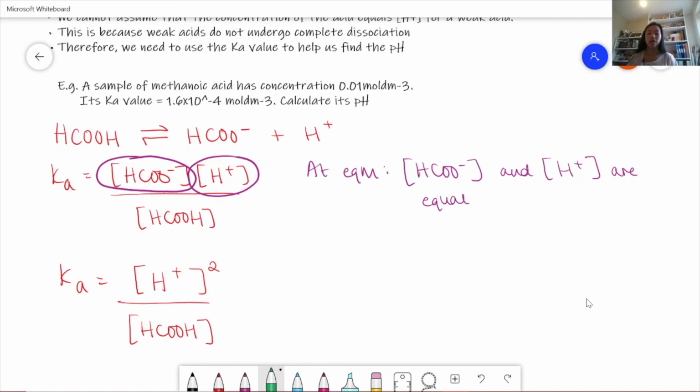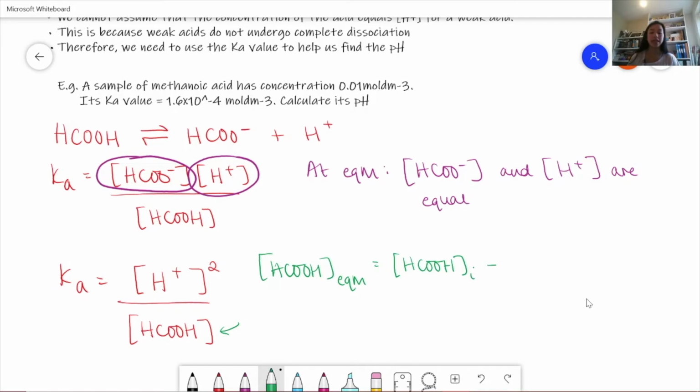And so we can work out this concentration of HCOOH at equilibrium by doing this. So we have this HCOOH at equilibrium that we're trying to find. And then this is actually equal to the concentration it was at the beginning. So let's denote this by concentration with a little I, so I standing for initial.